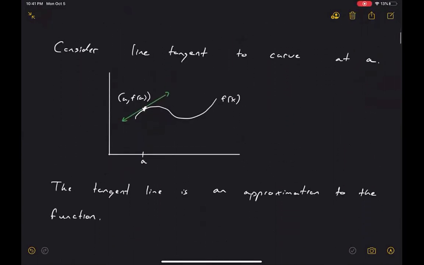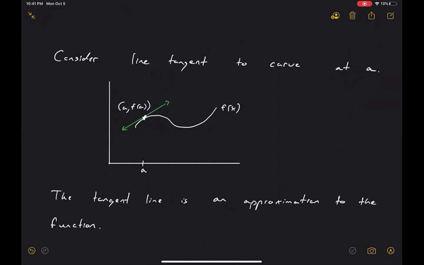So let's look at that picture again and consider this green tangent line. At my x value A, I go up to my curve and I look at that tangent line. This point A, f of A, is on my tangent line and it's on my curve.